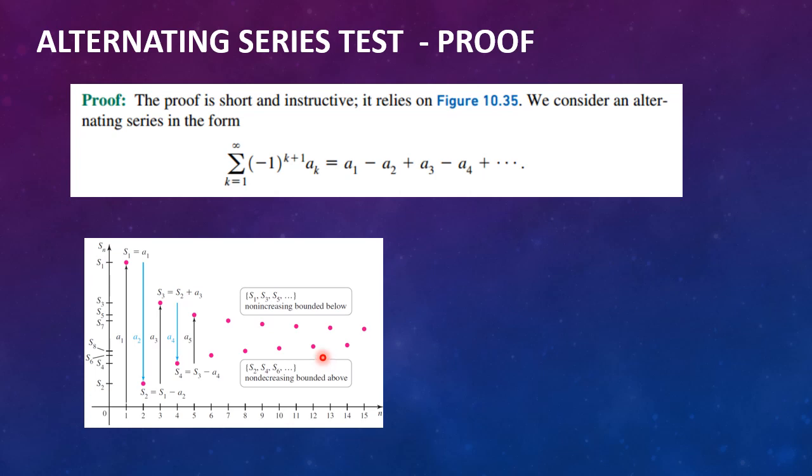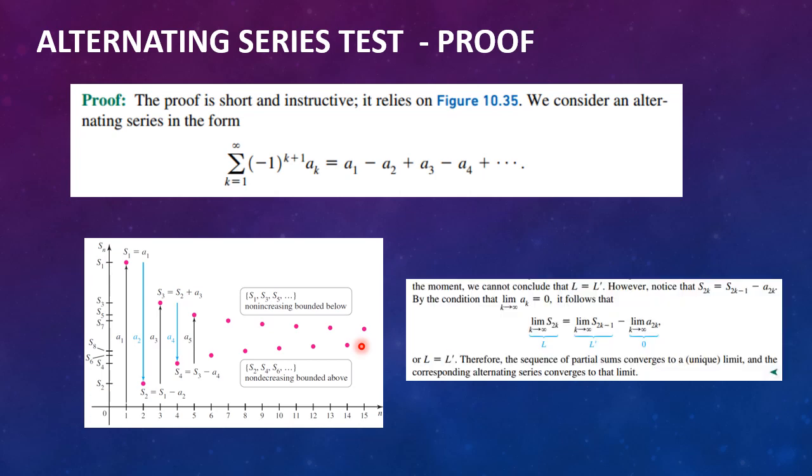By the bounded monotonic sequence theorem, this sequence also has a limit that we're going to call L prime. At the moment, we cannot conclude that L equals L prime.